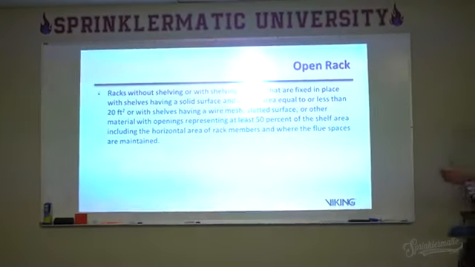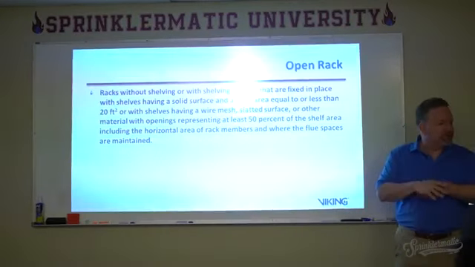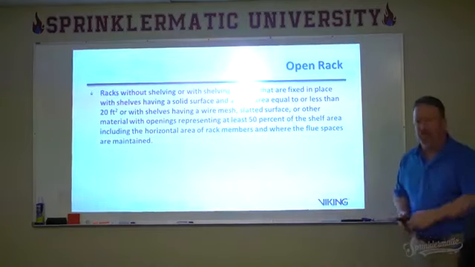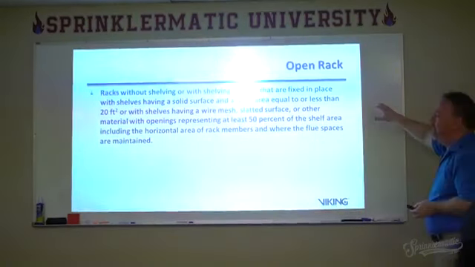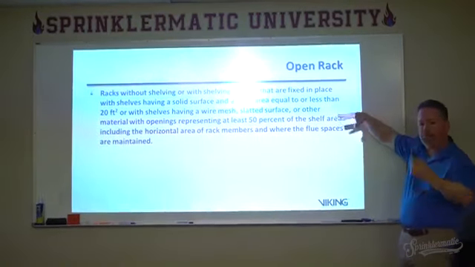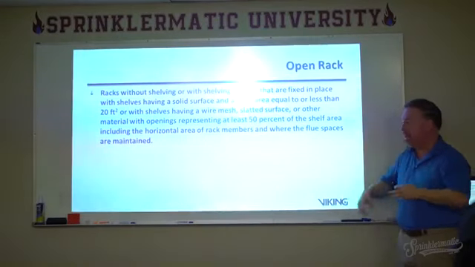Now, within these racks themselves are special definitions too. All right? As we're looking at the rack, is it an open rack? Or does it have solid shelves on it? So it's racks without shelving, or this is an open rack. So we want to make sure that as an open rack, we can have the most amount of water coming down through.